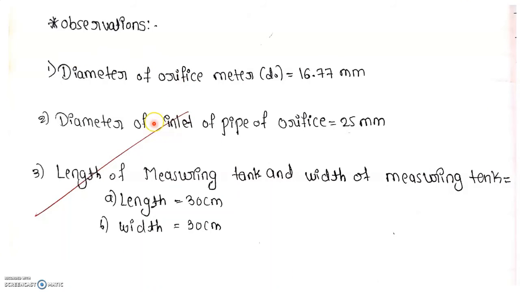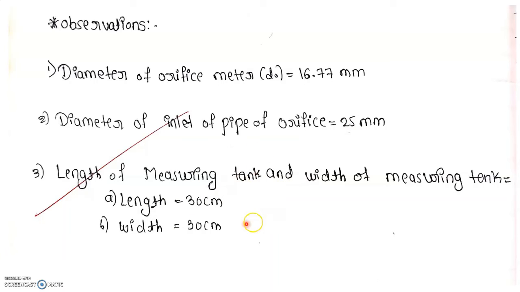So now you can see in the observation they have given the orifice meter diameter d naught, that is 16.77, and also the inlet pipe diameter of the orifice, 25 mm. This part is also given in the manual.